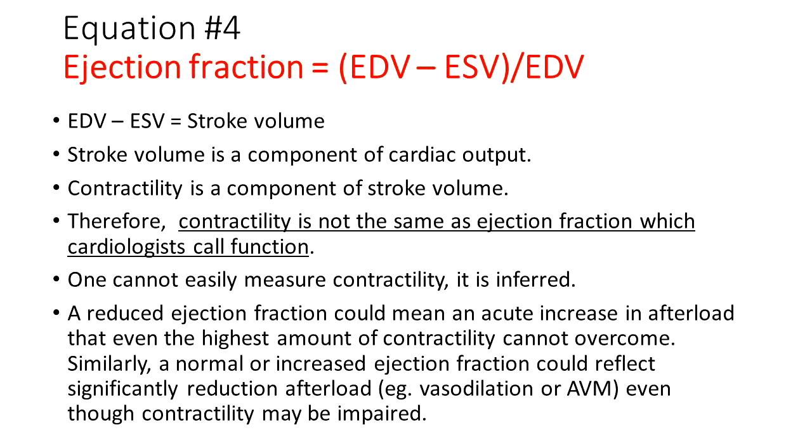A reduced ejection fraction could mean an acute increase in afterload. Doesn't mean contractility is decreased. In fact, the contractility may be very great. It just can't overcome the increase in afterload. Similarly, a normal or increased ejection fraction could reflect significantly reduced afterload, for instance, vasodilation with an AVM, even though contractility may be impaired.